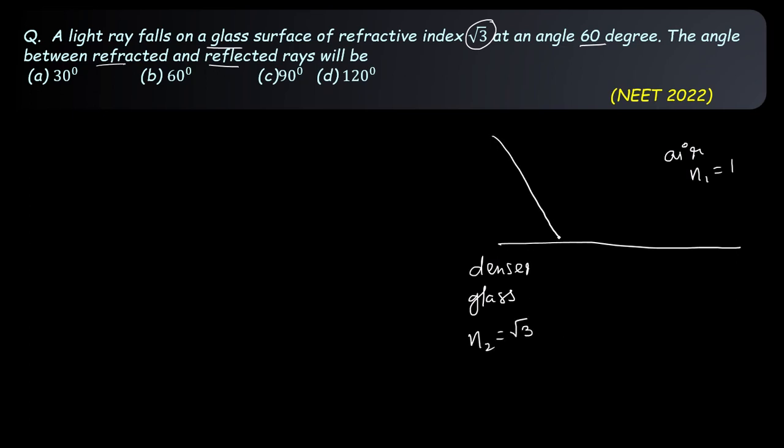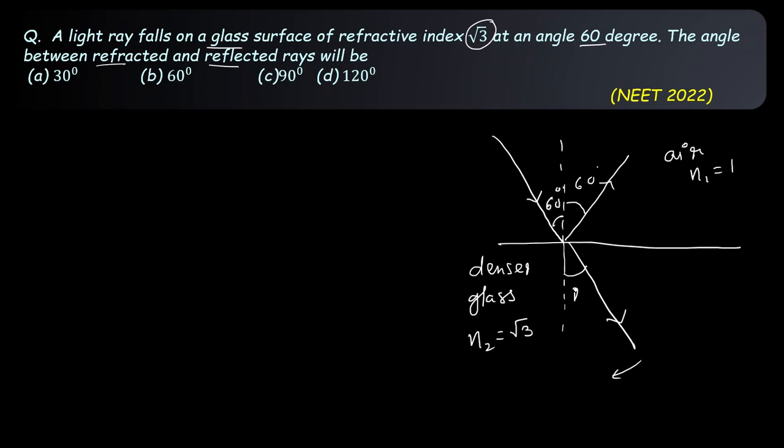The ray of light strikes here at what angle? At an angle 60 degree. So this angle is 60 degree, and then a portion of the ray of light is reflected and another portion is refracted. This ray of light will actually bend towards the normal, so in this diagram I cannot maintain that anyway. So this angle will be nothing but 60.